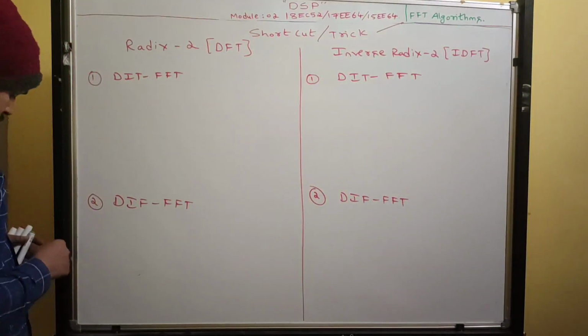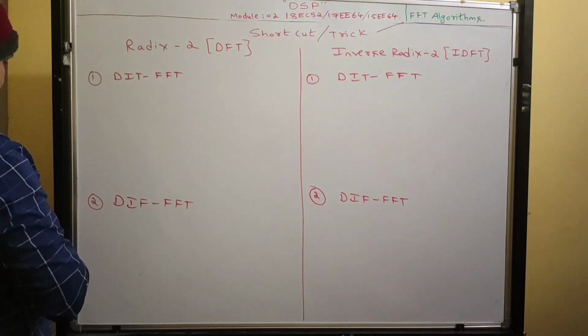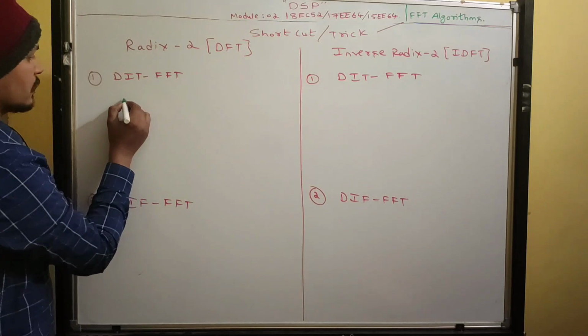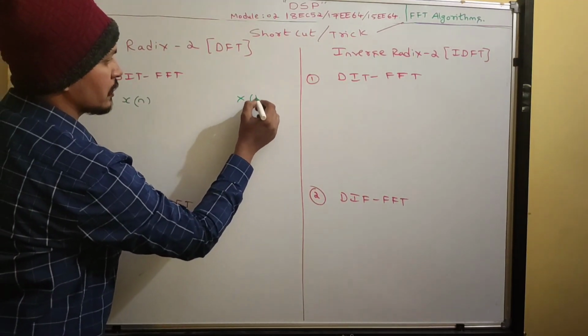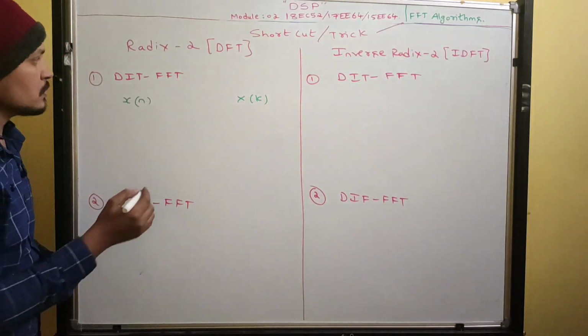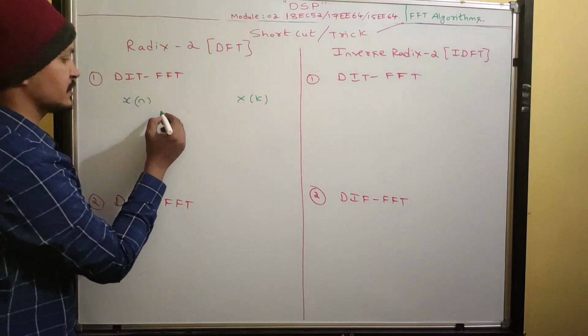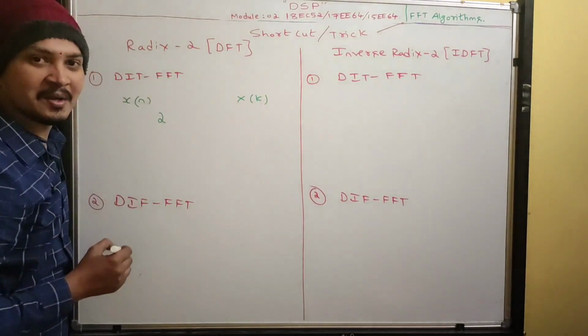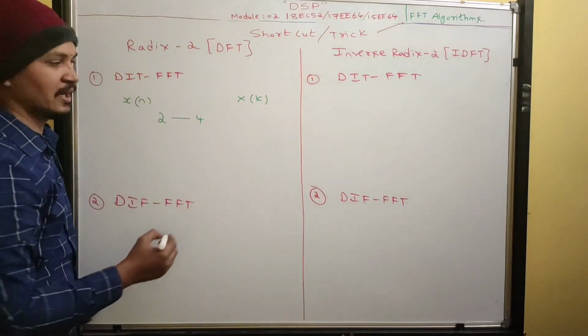So how to write the butterfly structure? Guys, remember, DFT means what? Input is x of n. What is output? X of k. What are we discussing? Decimation. Where decimation is there, you write the 2-point butterfly. After 2-point, you write the 4-point butterfly.